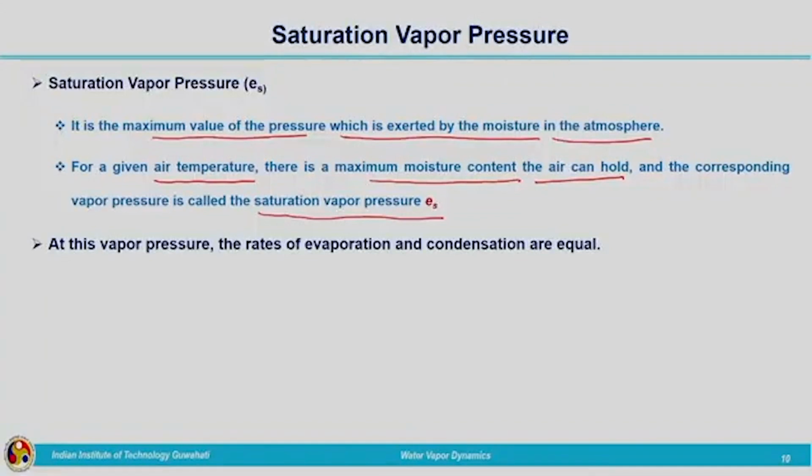At this vapor pressure, the saturation vapor pressure, the rates of evaporation and condensation are equal. Otherwise, in normal conditions, depending on the heat energy absorbed by the water in the water body, the evaporation rate will be increasing or decreasing. In that particular location, with the rate of evaporation increasing, more and more water vapor is added to the atmosphere, and the rate at which condensation takes place may be different.